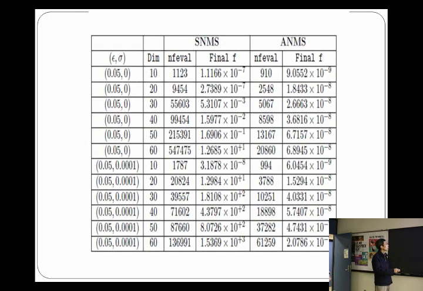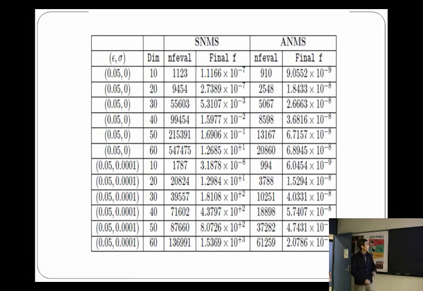But for the new implementation, in this case, after about 20,000 function evaluations, we get the final objective function value 6.9×10⁻⁸. We are quite close to the solution. We got a very good approximate solution.